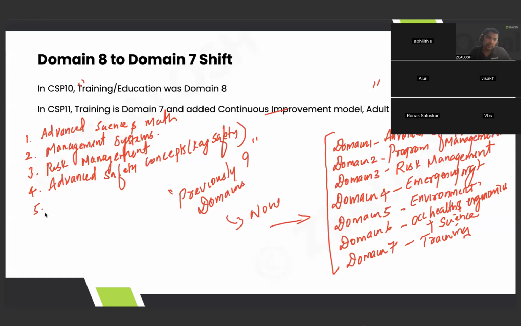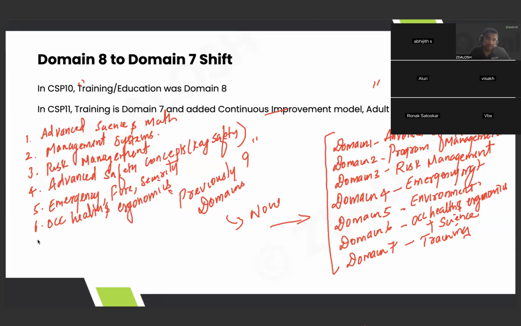What is domain number 5? Emergency, fire, security. What is domain number 6? Occupational health and ergonomics.